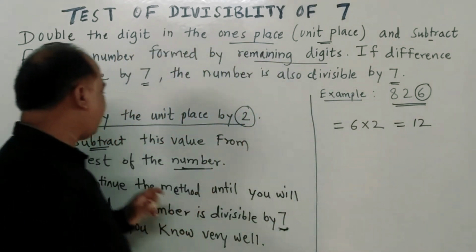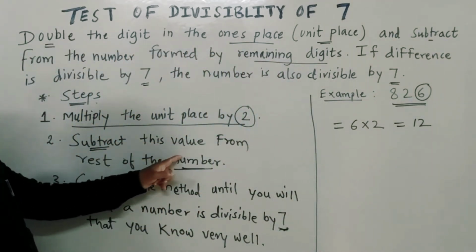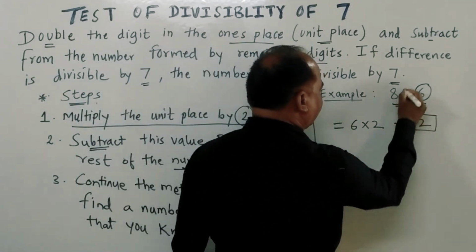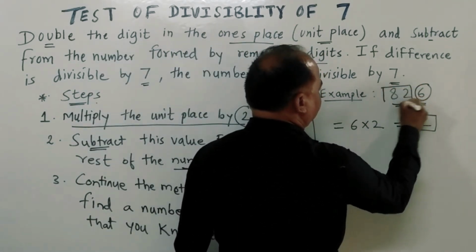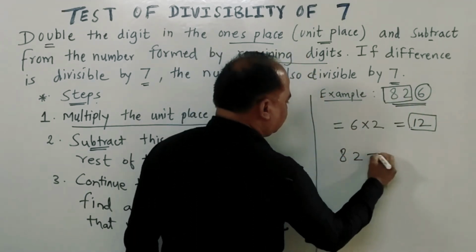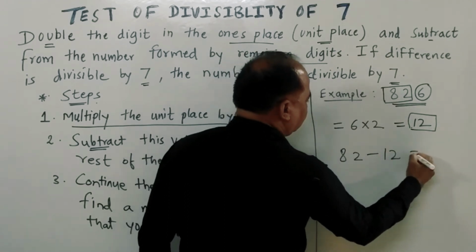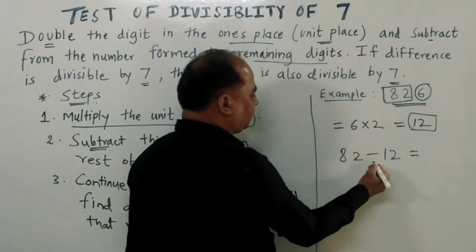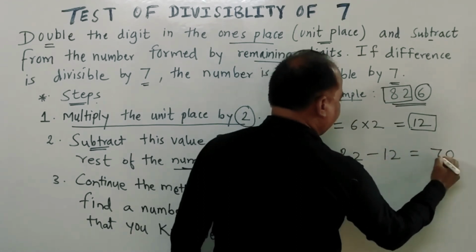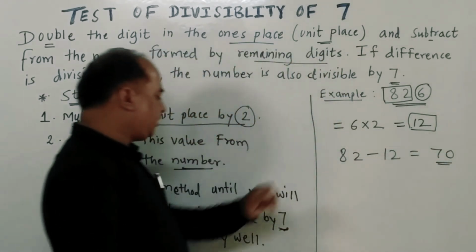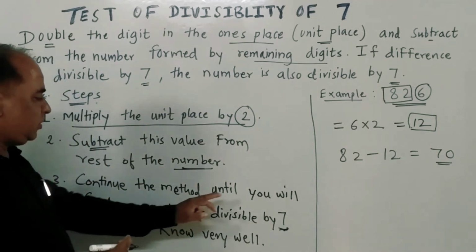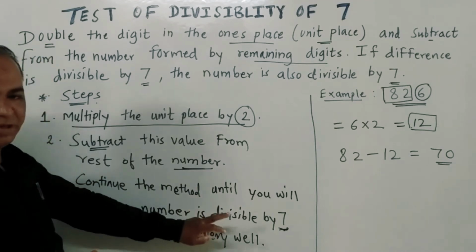Now this value 12 we have to subtract from the rest of the digits, which is 82. So 82 minus 12 is equal to 70. Now continue until you find the number is divisible by 7.